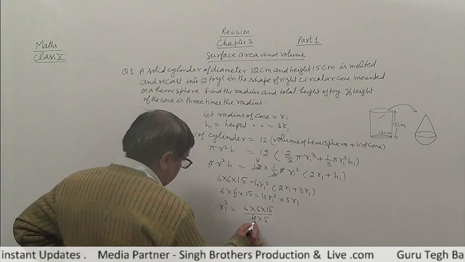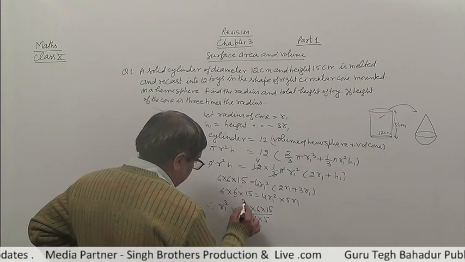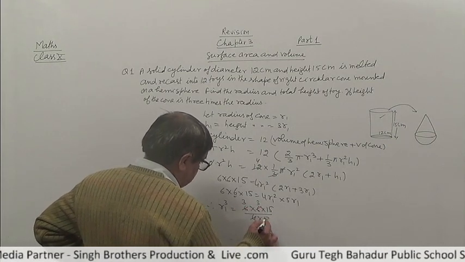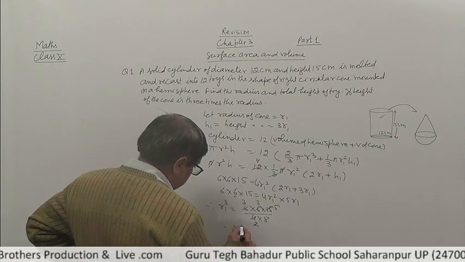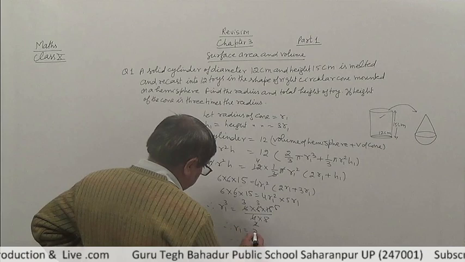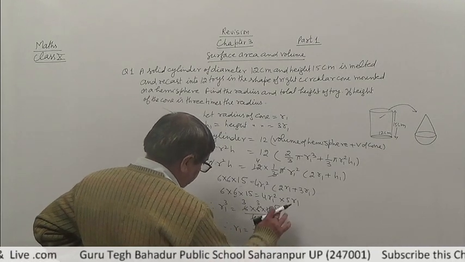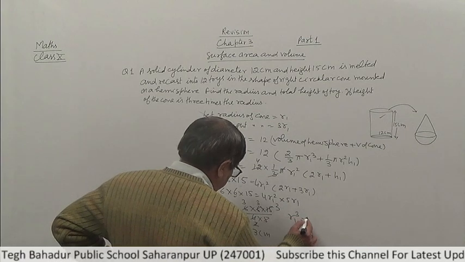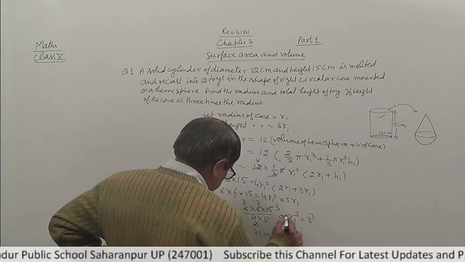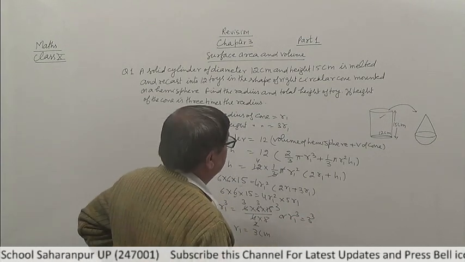So 2 2s, 2 3s, 2 3s, 3 5s. 5 3s are 15. So r1 cube is equal to 3 cube. Therefore, r1 is equal to 3 centimeter.